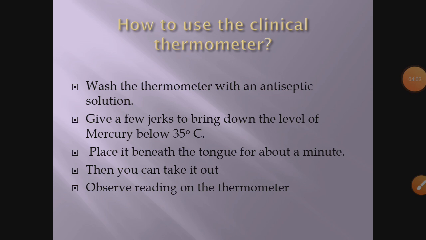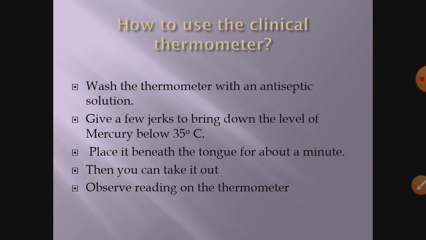Now, how to use the clinical thermometer? We have to wash the thermometer with antiseptic solution before and after using it, because if some patients have used it, it might carry infection, and infections are quite contagious. Give a few jerks to bring down the level of mercury below 35 degrees Celsius.